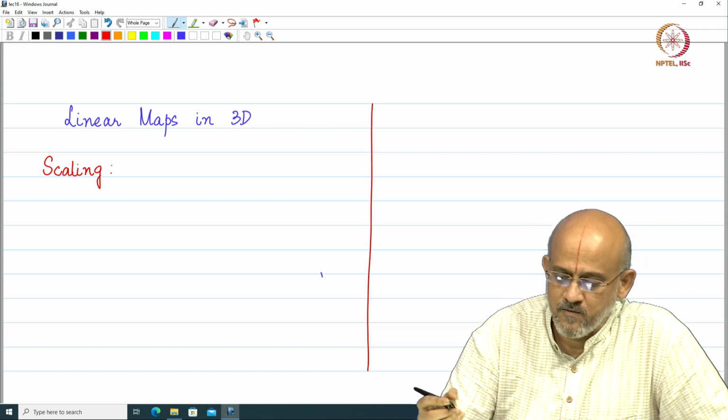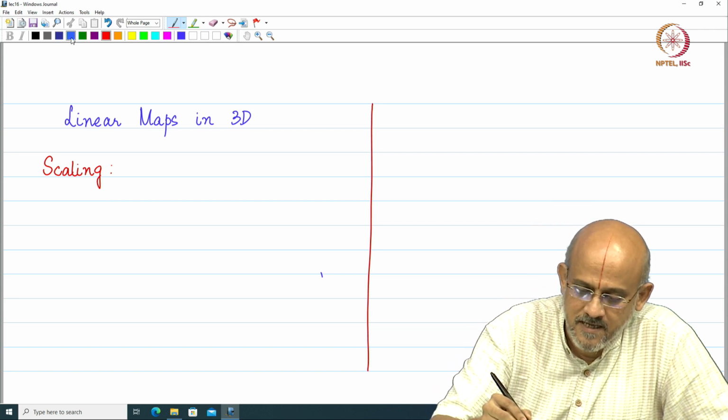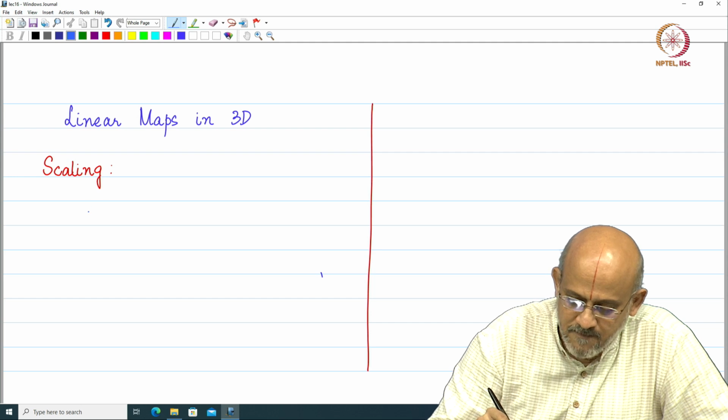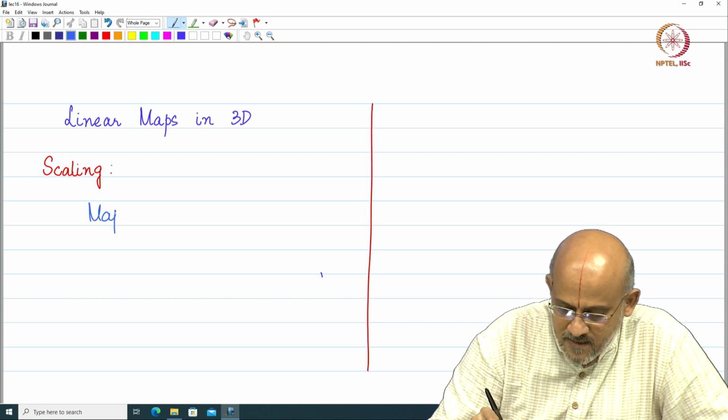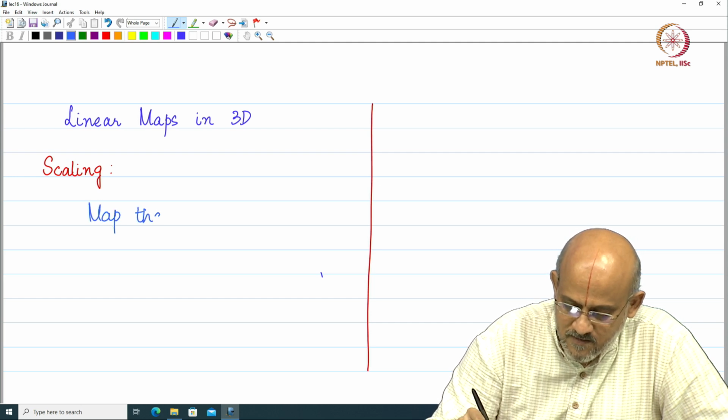So, what does scaling do? We already know that scaling is a linear map that enlarges or shrinks a vector.